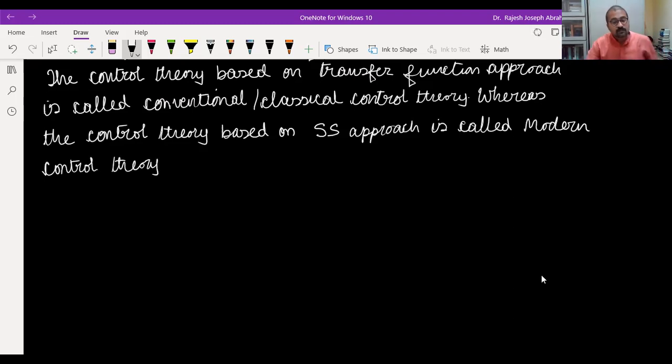So in this course, we are going to focus more on modern control theory, which in turn is based on the state space representation.